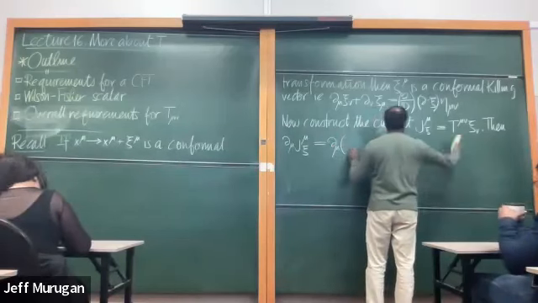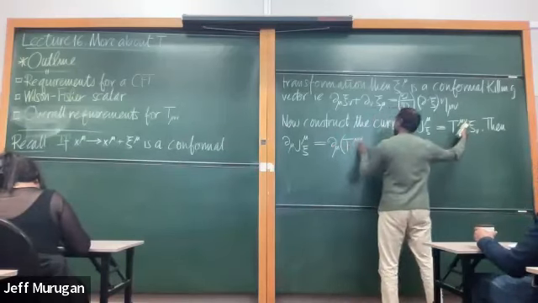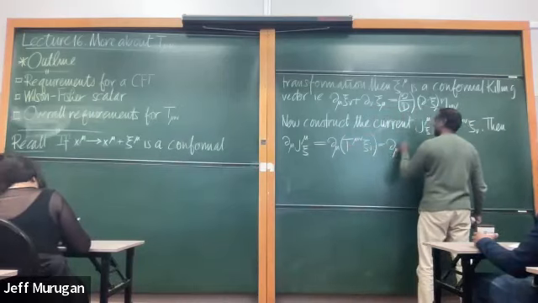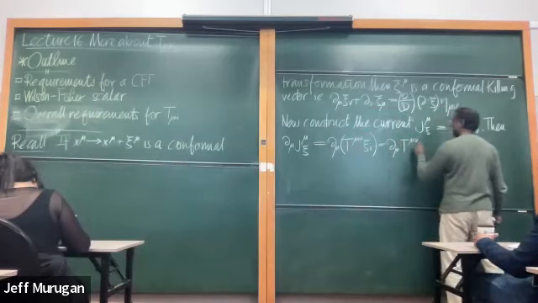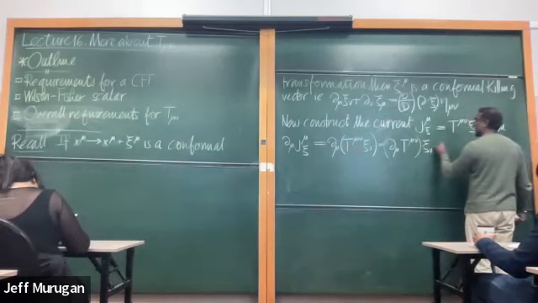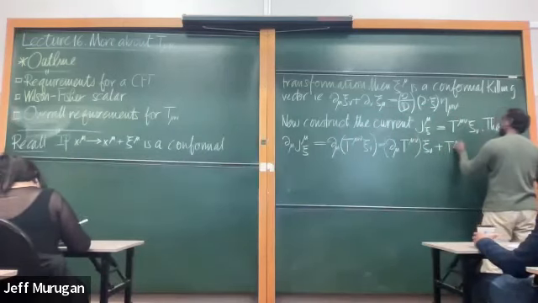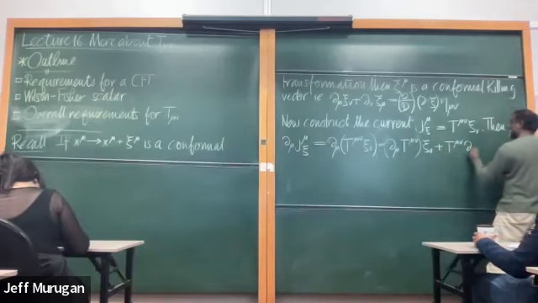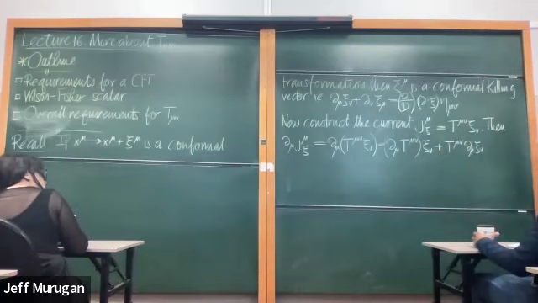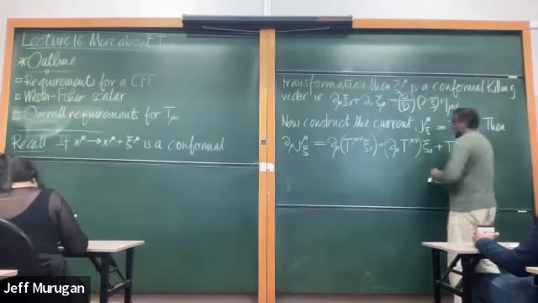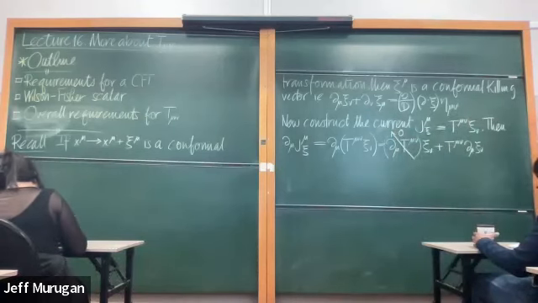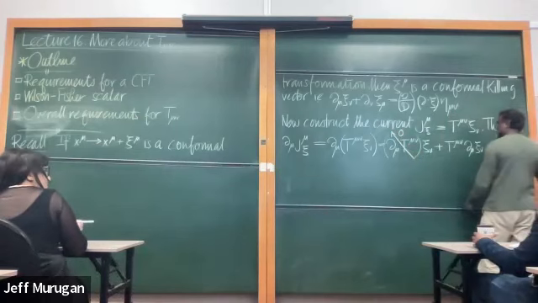So this is the divergence of J^μ, where the product rule gives ∂_μ T^μν times ψ_ν plus T^μν times ∂_μ ψ_ν. The first term vanishes because the canonical energy momentum tensor is conserved, so it's necessarily zero.